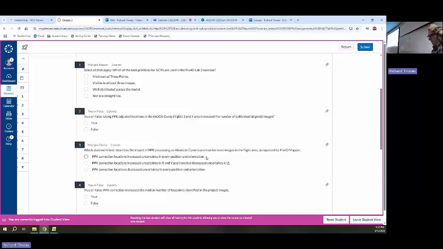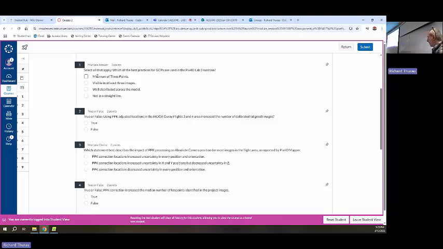So number 1, select all that apply. Which of the best practices for GCPs are used in the PIX4D Lab 3 exercise? Right, and here's where if you remember when we did that Lab 3 exercise, we looked at those points, and even though the quality of that sparse point cloud was so good, you have to pull up Lab 3, take a look at those GCPs.